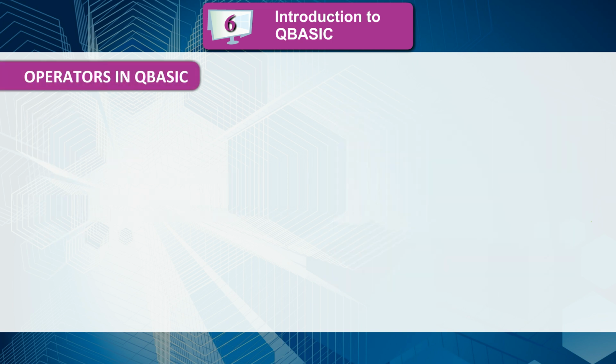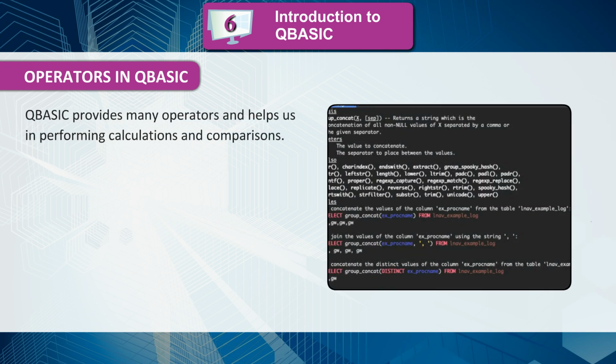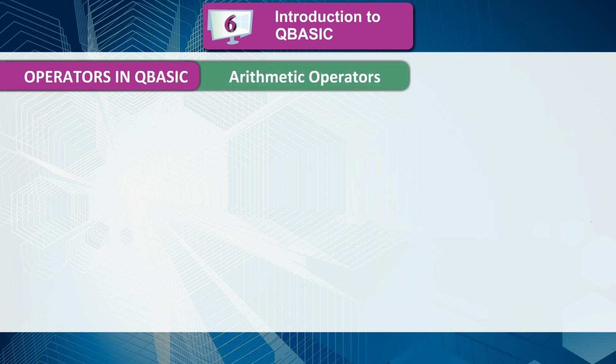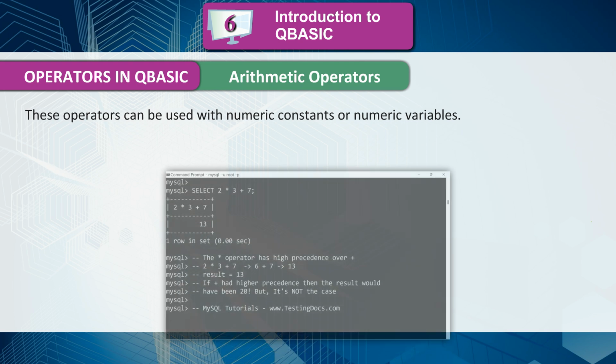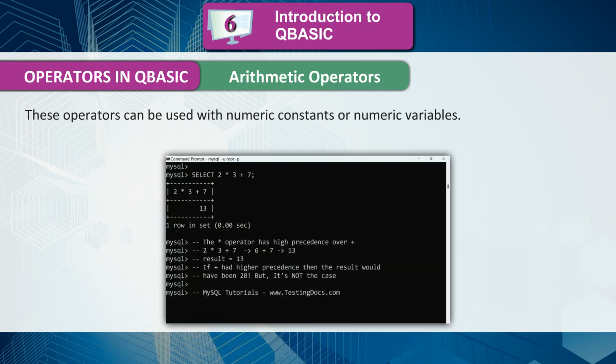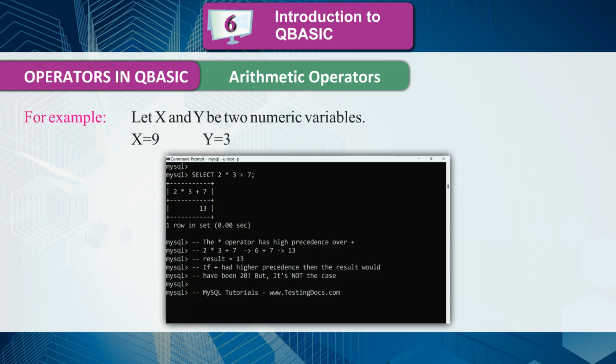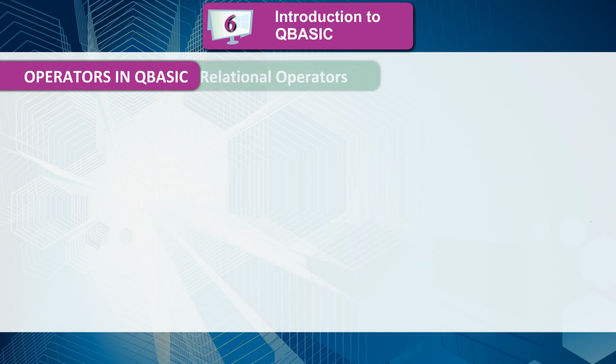Operators in QBASIC. QBASIC provides many operators and helps us in performing calculations and comparisons. Arithmetic operators. These operators can be used with numeric constants or numeric variables. For example, let x and y be two numeric variables: x = 9, y = 3.